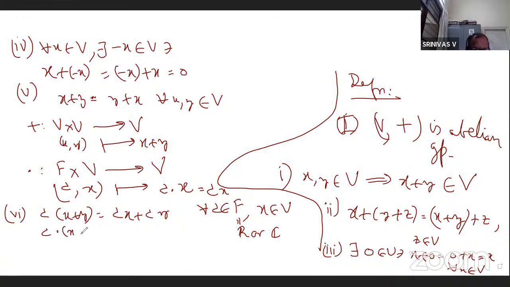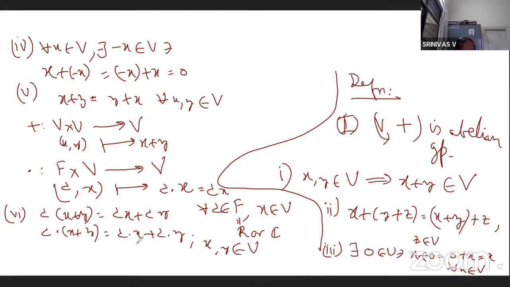It is c dot x plus y equal to c dot x plus c dot y, for all x and y coming from V and c coming from F. So x and y are coming from V, so x plus y is an element in V, and c is an element in F. So this c comma x plus y is an element in this Cartesian product, and so we can speak of this scalar product c dot x.